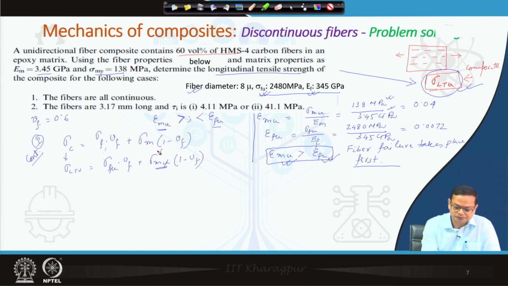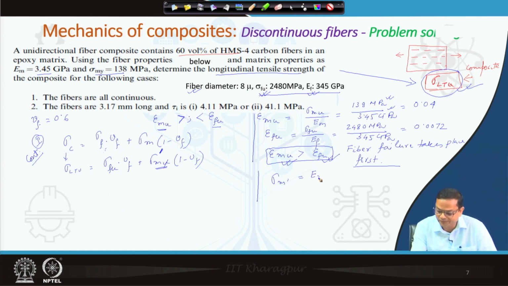So you have to find out the value of sigma m dash now. How do you get the value of sigma m dash? Sigma m dash is equal to again E of m, the modulus of the matrix, multiplied by the strain of the matrix, but at what strain? At which the fiber fails, that is epsilon f, or you can say epsilon fu.